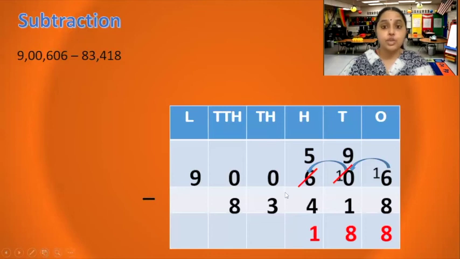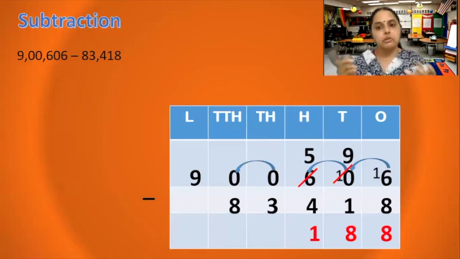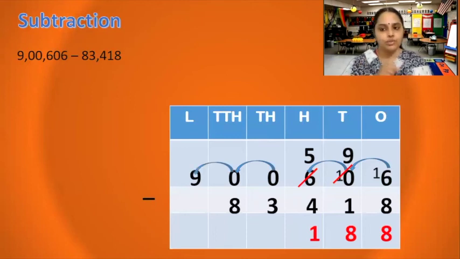And we have 0 minus 3. Can we do 0 minus 3? No, it is not possible. So what happens? 0 goes to the next house to borrow. But that also has nothing. So again it goes further. The 0 which is there in the 10,000s place will go to the lakhs place to borrow.